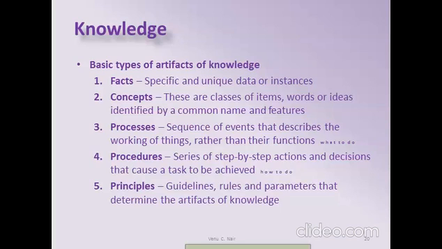So the difference between process and procedure is that what to do is explained by a process and how to do is explained by procedures. Then we have principles. They are the guidelines, rules and parameters that determine the artifacts of knowledge. So these are the basic types of artifacts of knowledge.